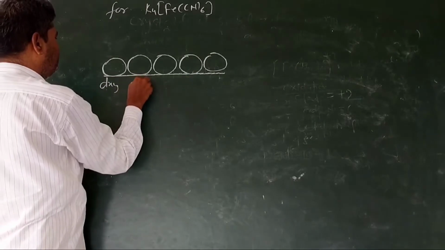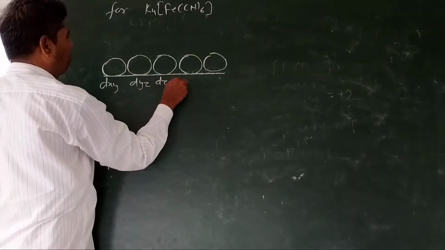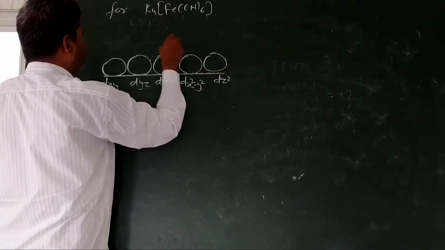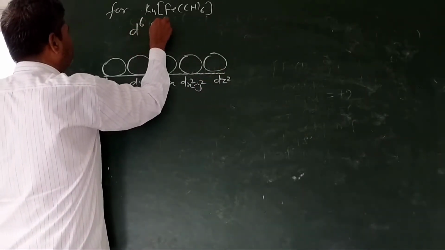dxy, dyz, dzx, dx square minus y square, dz square: a d6 system.